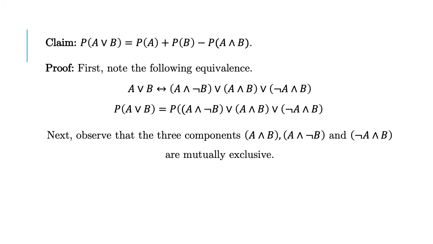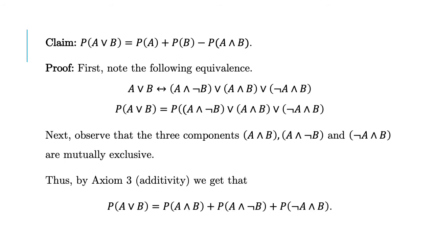Next, observe that the three components are mutually exclusive, in that none is true while any of the others is true. Thus, by axiom 3, additivity, we get that the probability of A or B is equal to the sum of the probabilities of the disjuncts that we derived.